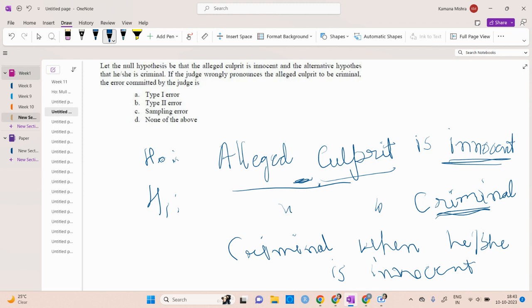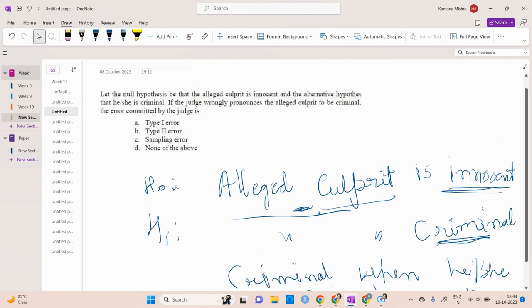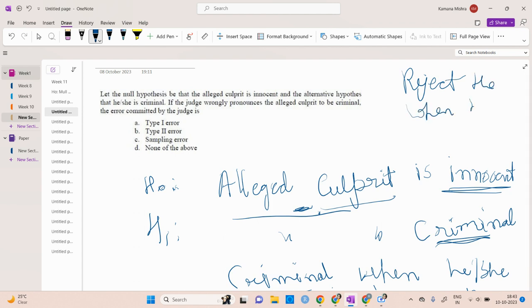So that means rejected the null hypothesis when the null hypothesis was true. So we say rejected H naught when H naught is true. So what is this? This one is type 1 error, right? This one is type 1 error.